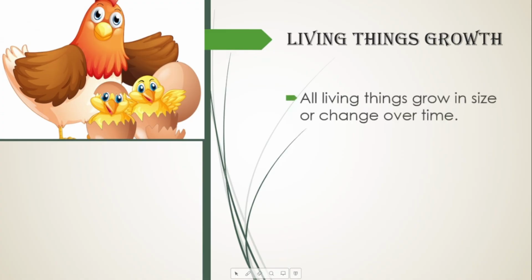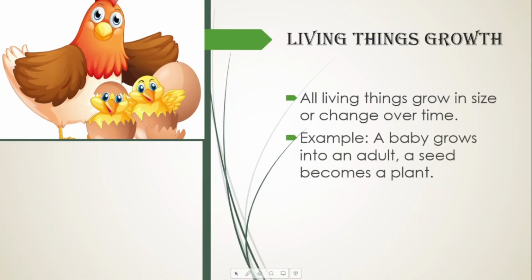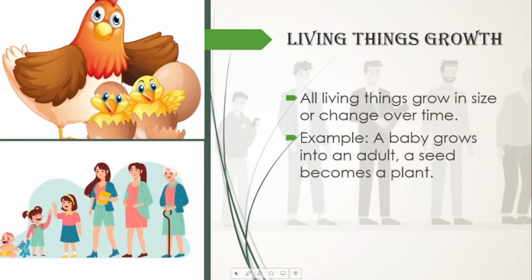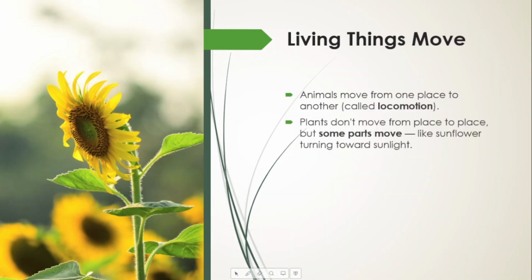All living things grow in size and shape, and change over time. Example, a baby grows into an adult and a seed becomes a plant. So that is how growth is seen in living organisms.